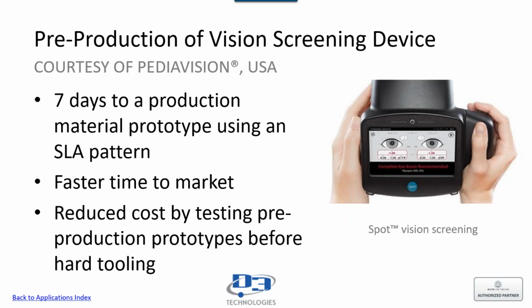And what they actually did was 3D Systems was able to test production quality prototypes months before the traditional tooling would allow. Within 7 days, PediaVision received their prototypes from us, and they were able to test with production material and production tolerances prior to going to hard tooling.